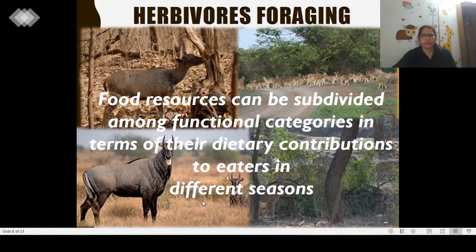Food resources can be subdivided among functional categories in terms of their dietary contributions to eaters in different seasons. These herbivore species face a vast contrast of seasonal cycles and spatiotemporal variations, and they shift their diet according to prevailing situations.